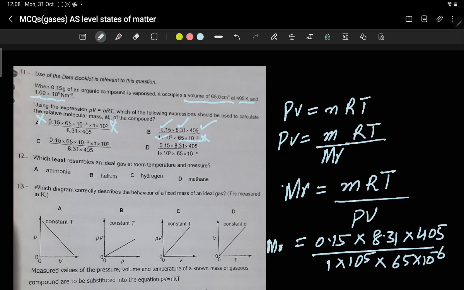In these two expressions, this is temperature and this is gas constant, while the expression is MRT over PV, so these two expressions are not valid. So D is 0.15 into 8.31 into 405 Kelvin divided by 1 into 10 raised to 5 pressure, and this is volume. This is correct. That's temperature, and this is gas constant. This is mass. So D option is correct.